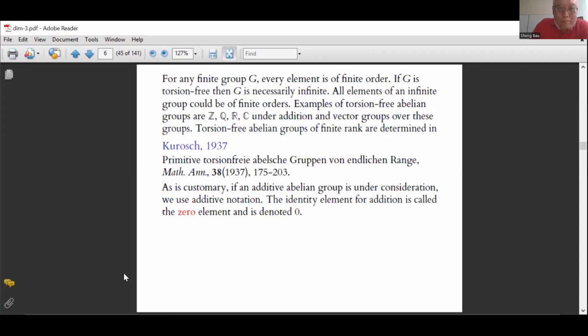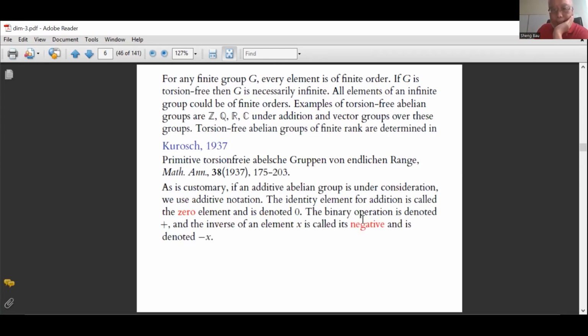Now, if we have an abelian group, not necessarily finite, then we would like to use additive notation. So we don't want to say A times B, we want to say A plus B. Under additive notation, the identity element is called the zero element, and the inverse element is called the negative element.